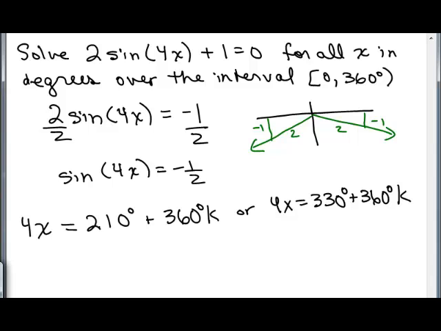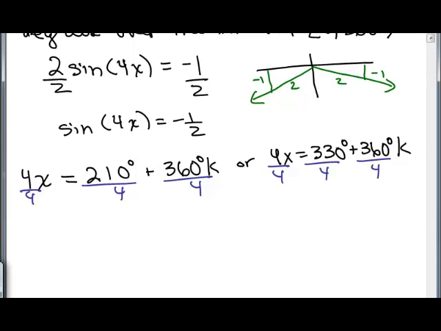So if I wanted to get all the angles, I would divide everything by 4. And unfortunately, we're going to have a decimal or a fraction. So what? No big deal. So let's see, 210 divided by 4 is 52.5. It's up to you which way you want to write that.